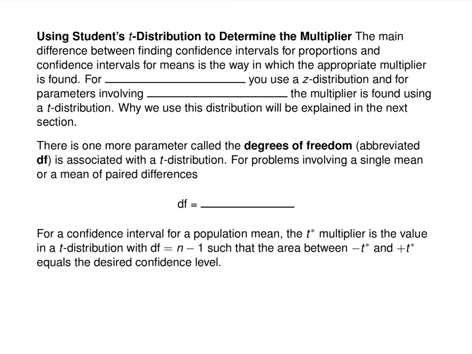So the final component we need to be able to use to find confidence intervals is something called a t-distribution. And this is the main difference between finding confidence intervals for proportions and for means, is the way the multiplier is found. For proportions, you use a z-distribution.